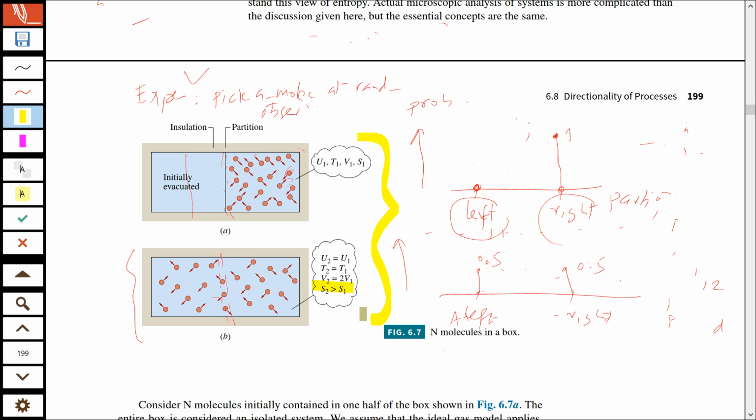So this suggests that the entropy is a measure of uncertainty. The uncertainty has increased. You have less uncertainty here and you have more uncertainty here.